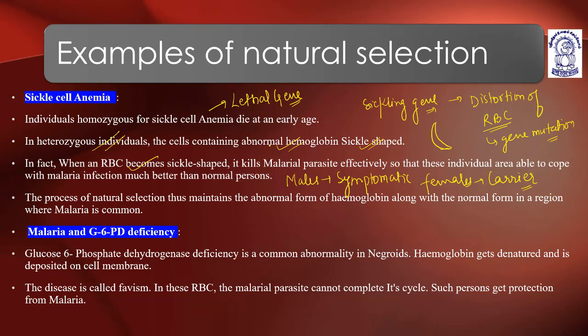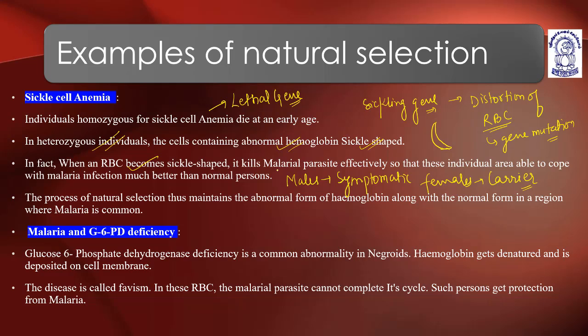As the sickling of RBC reduces the hemoglobin content, the moment hemoglobin content reduces, the malarial parasite cannot complete its life cycle. It cannot complete its erythrocytic schizogony, which basically affects the life cycle of the malarial parasite.